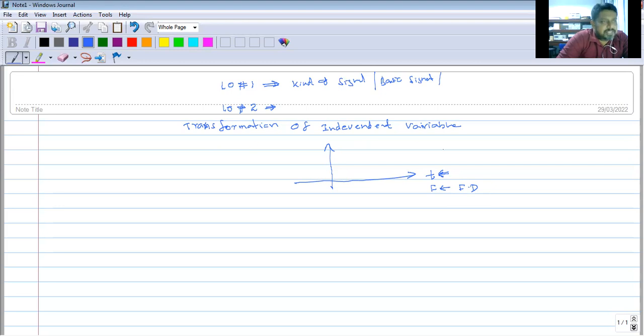Because we are now focusing only on the time domain, the independent variable is time, so we can say it is time transformation.